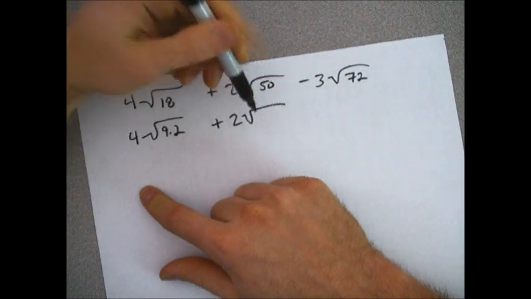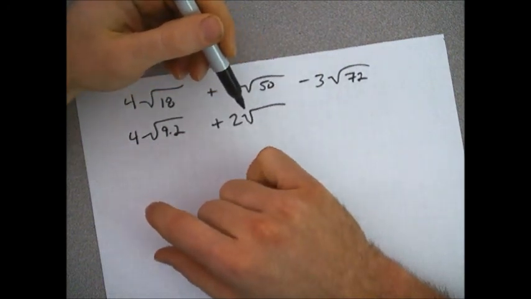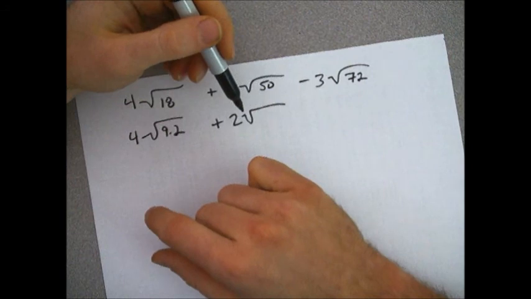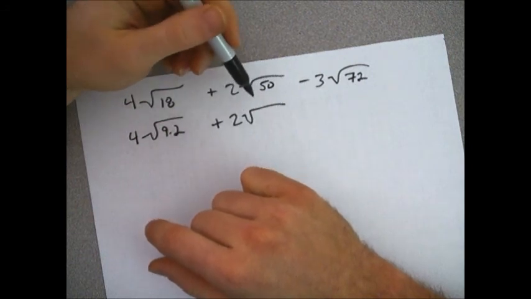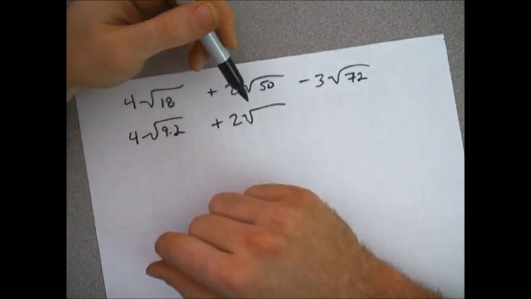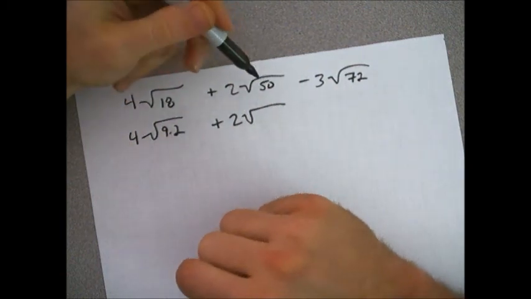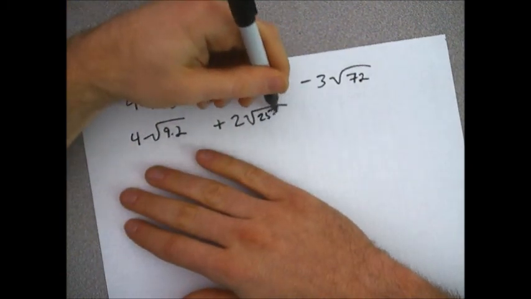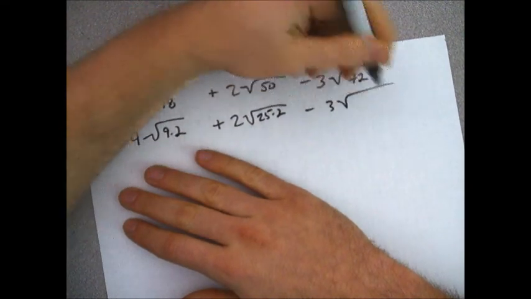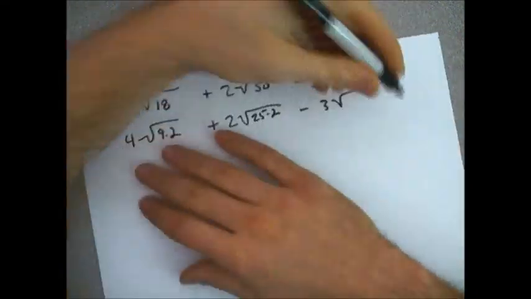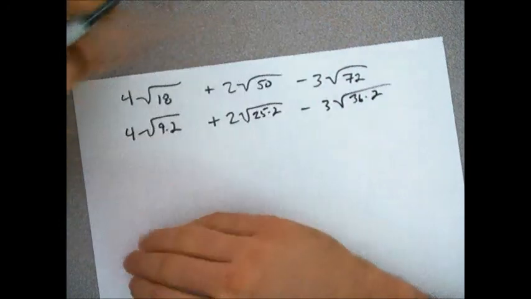Israel, what am I doing for 50? Which perfect square goes into 50? Someone help her. We're on video. 25. Okay, good. 25 times 2. And the last one. Very good. 36 times 2.